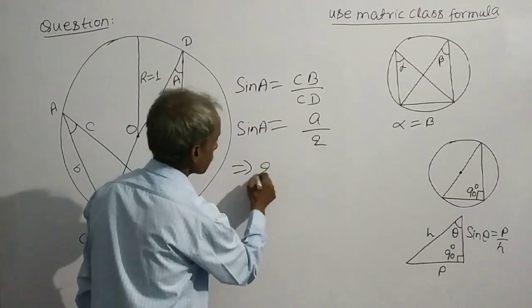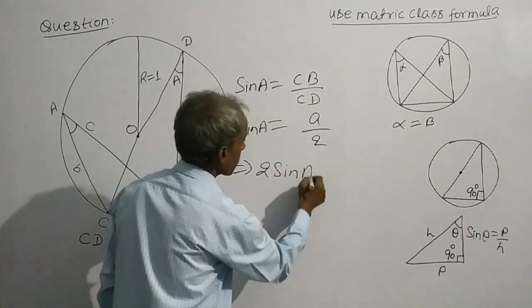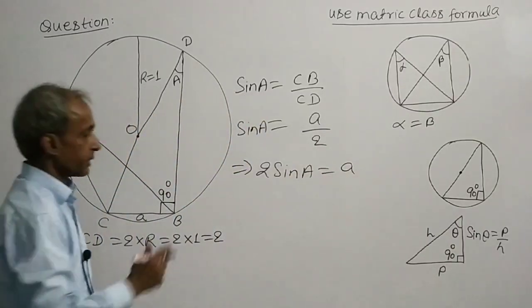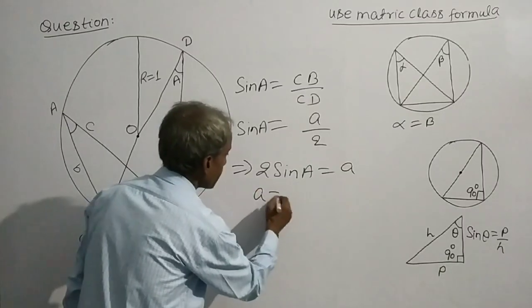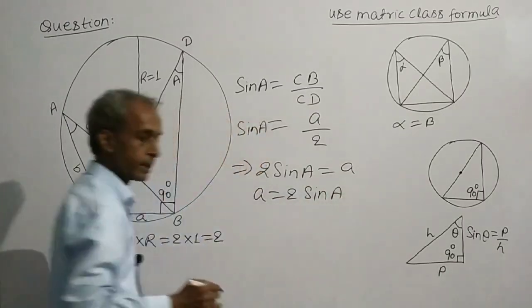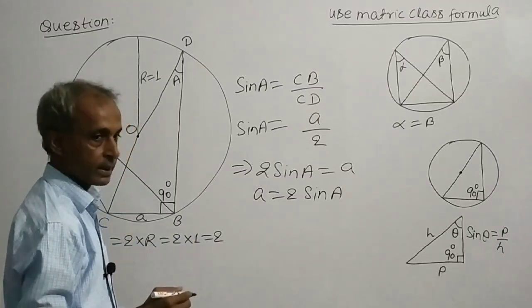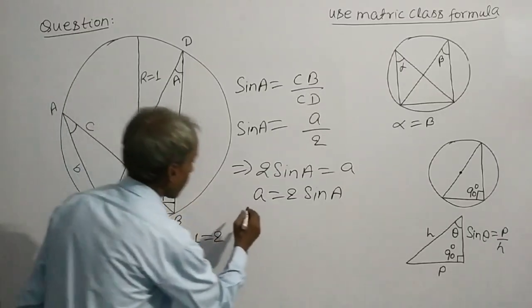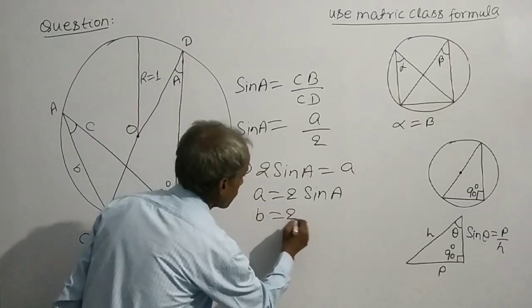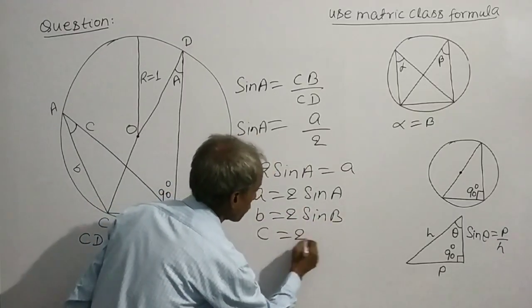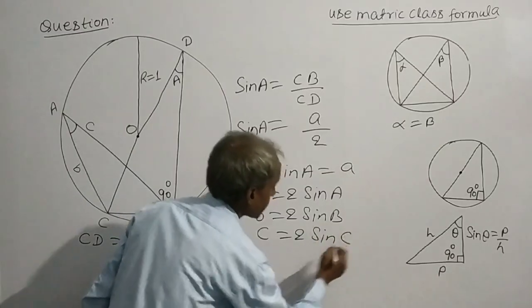This implies 2 sin A is equal to a. That means a is equal to 2 sin A. In the similar way, it can very easily be proved that b is equal to 2 sin B and c is equal to 2 sin C.